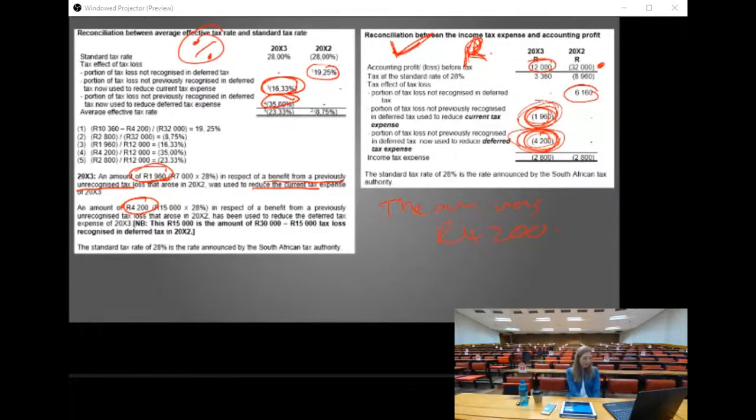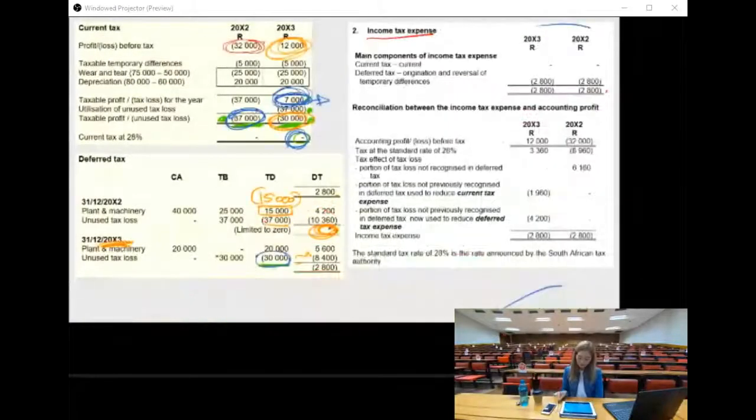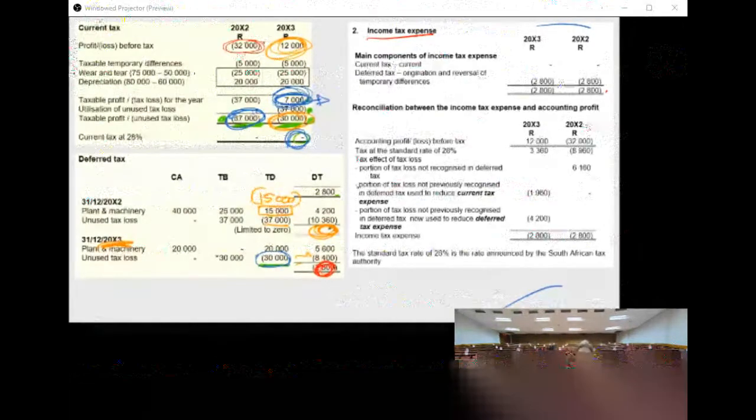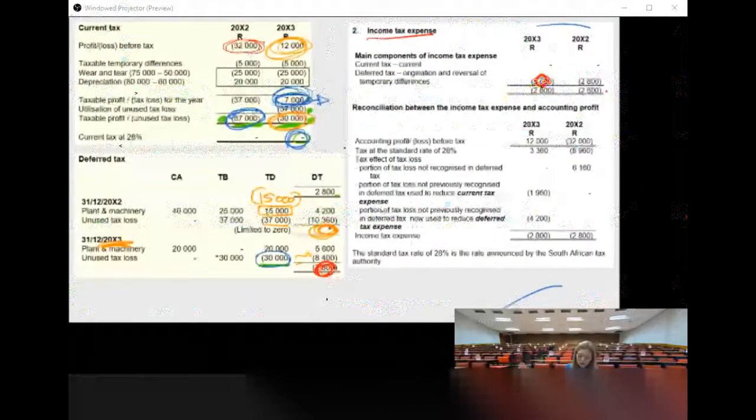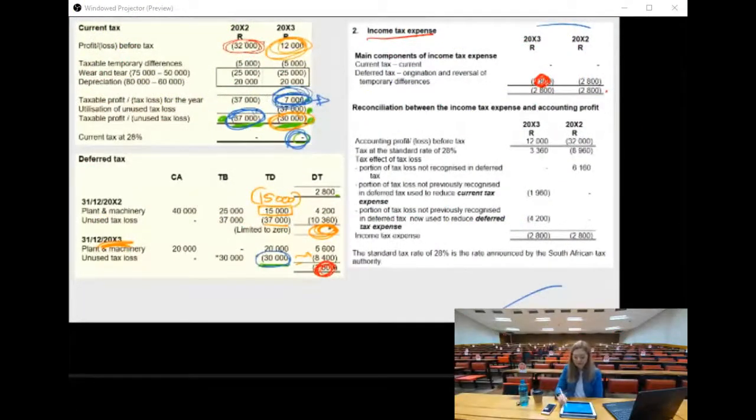Okay, so Mr. Palafalo asks, in a scenario where we still could not recognize deferred tax for this year, there would have been a deferred tax movement of 0 and no deferred tax at all. Correct. If we were still not able to recognize that deferred tax asset, we would have had a net 0 movement for my movement in temporary differences.